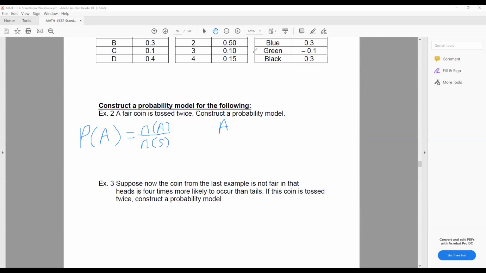They just want me to create the model. So we'll use this in a minute. But in general, A is the event. That's the ugliest N ever. S is the sample space.